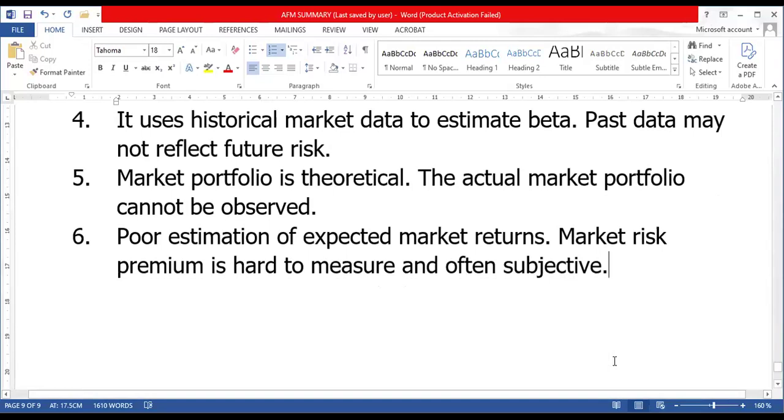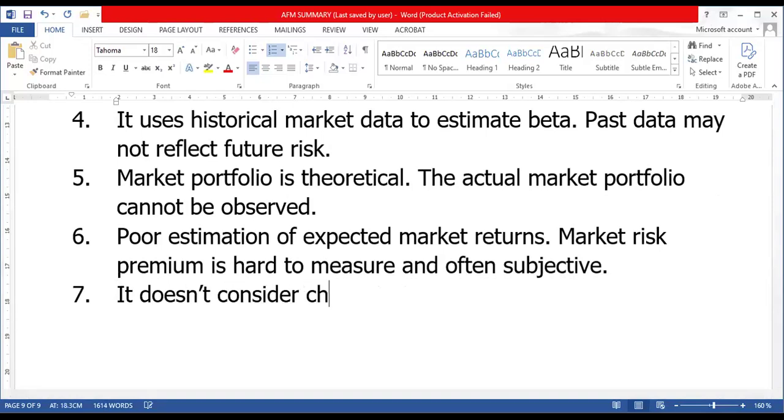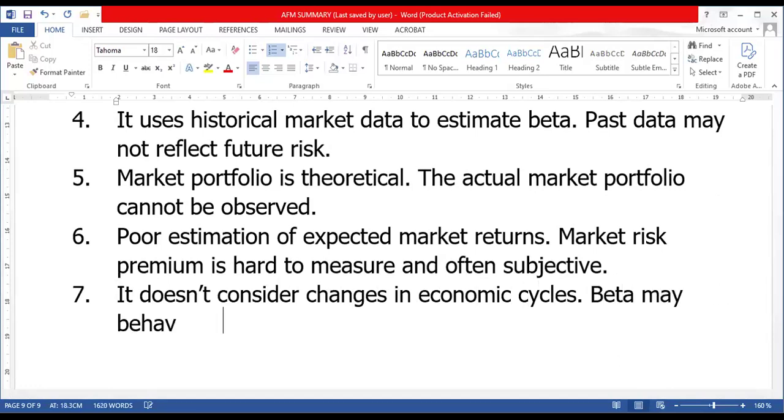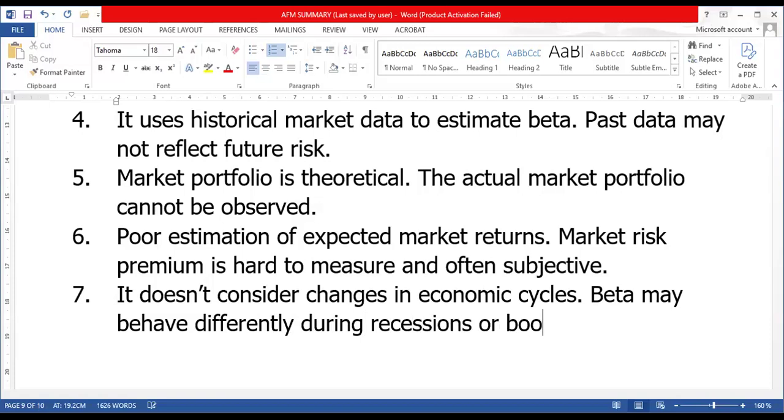Okay, those are some of the limitations. It does not consider changes in economic cycles. That is another limitation. This beta you see here, beta may behave differently during recessions or booms.